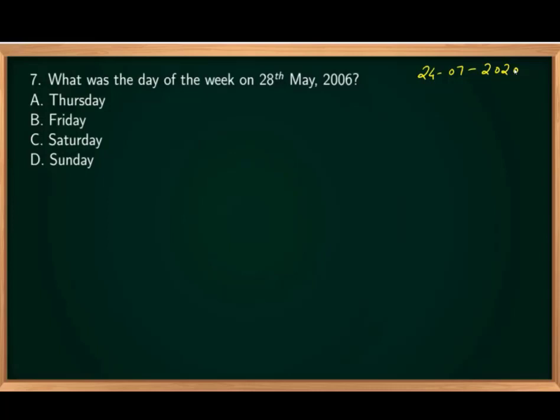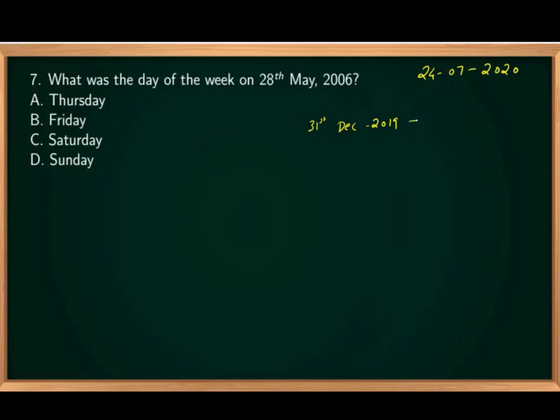I'm going to find the day. First, we have to find the number of odd days till December 31st, 2019. Then for the rest of the days we can find the odd days.